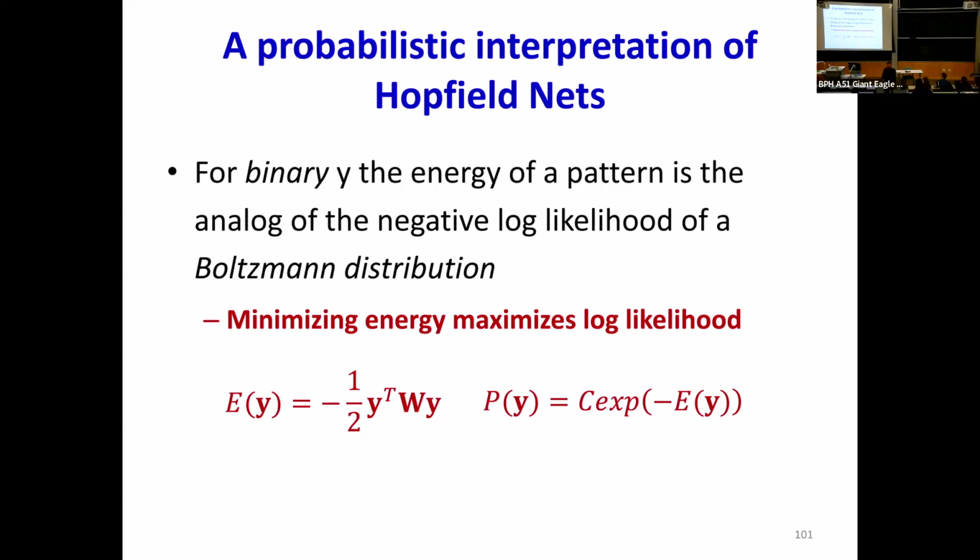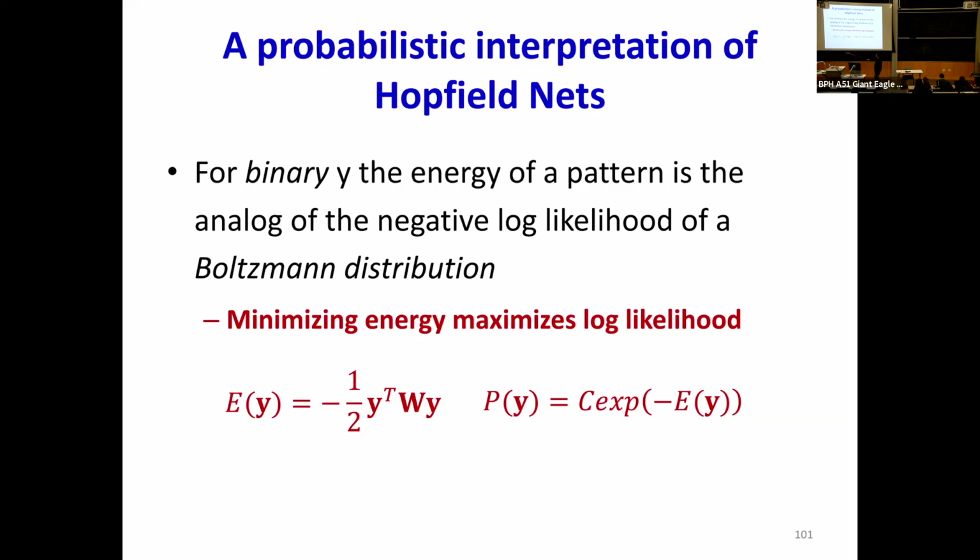This can also be thought of as choosing the Y which has the maximum probability if the probability distribution itself is defined as e raised to minus the energy, which means that when you minimize the energy, you're maximizing the probability because these two are monotonically related.